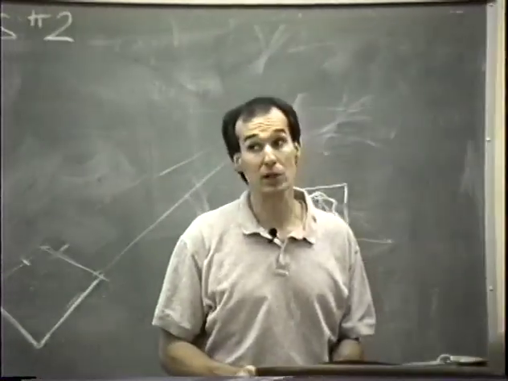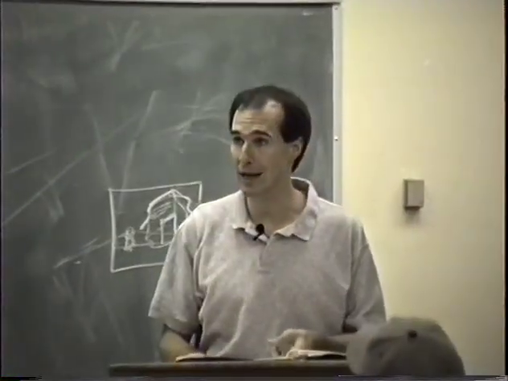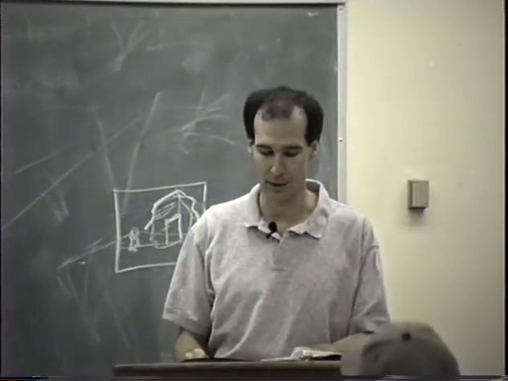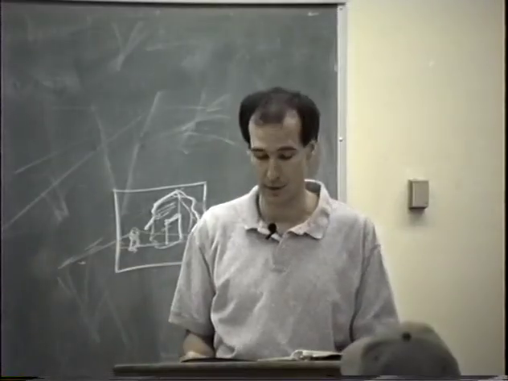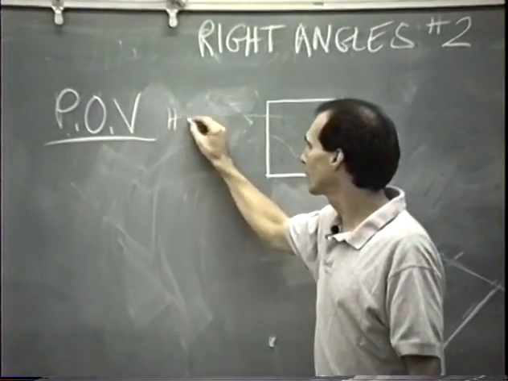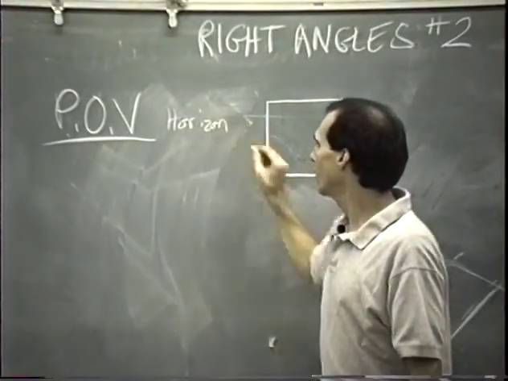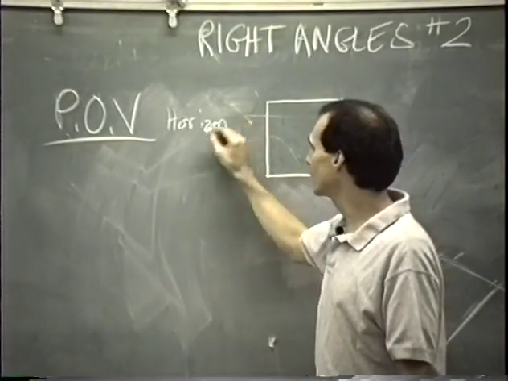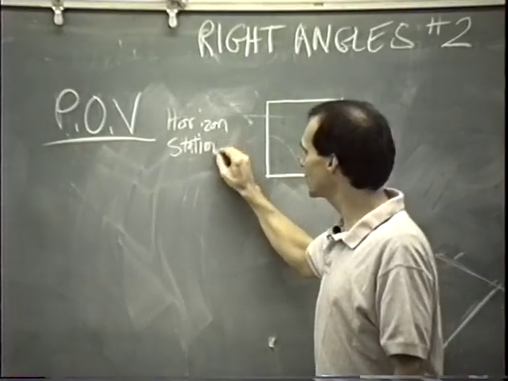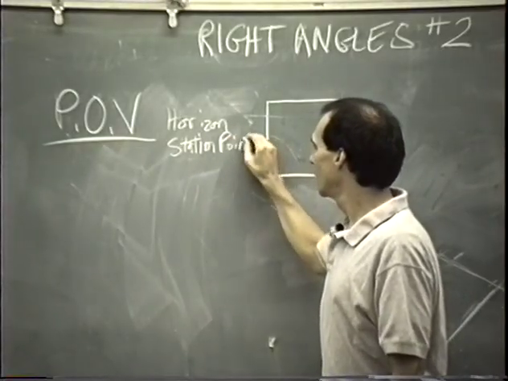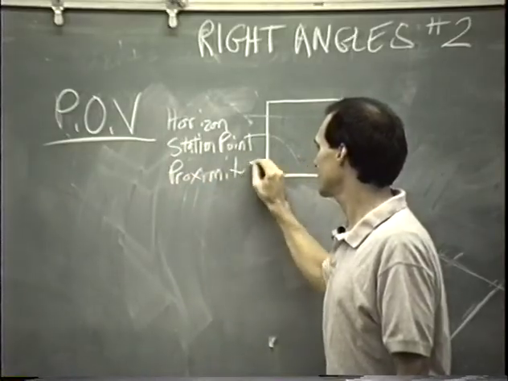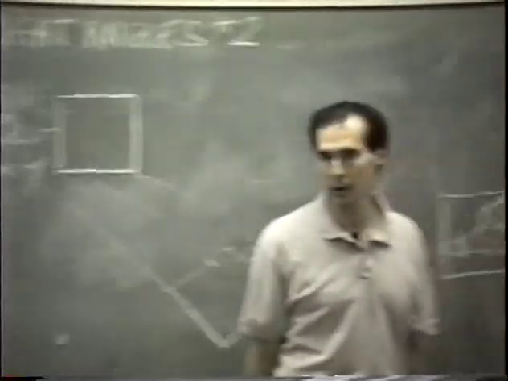But there's a third dimension, since we're dealing with a three-dimensional illusion, that is, how close am I to the object? That's what we're going to talk about tonight, because it will determine these things. So we've got horizon line for how high the eye level is. Horizon line, we've got, what do we call the thing for left to right? Station point. And then I'm just choosing this term because it makes sense. Proximity, how close you are.